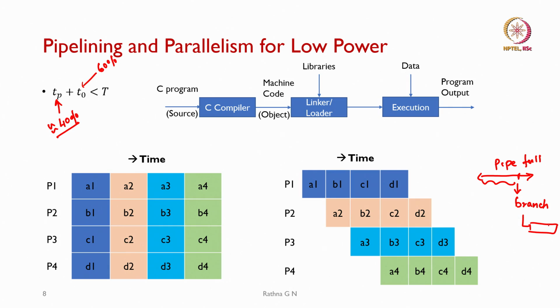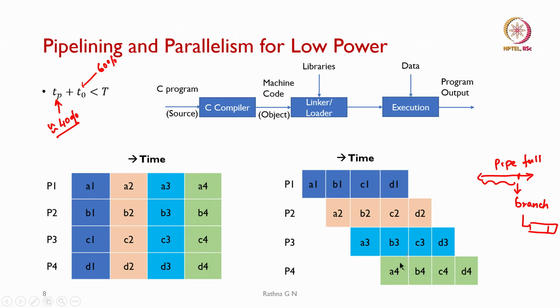And if it happens again after one, you are going to branch again, then whatever you have designed for getting speed, you may not achieve; it may work at a lesser speed than the sequential code basically.